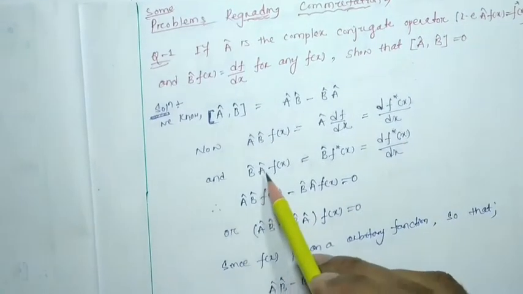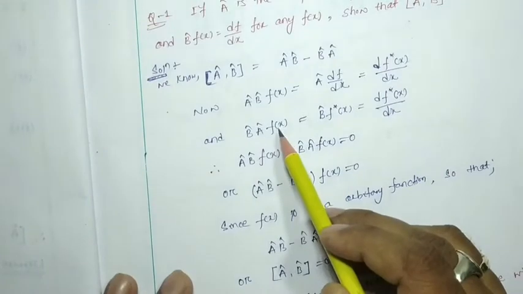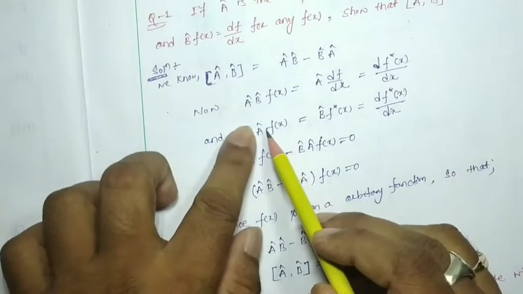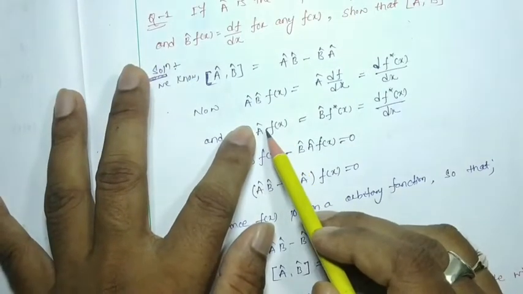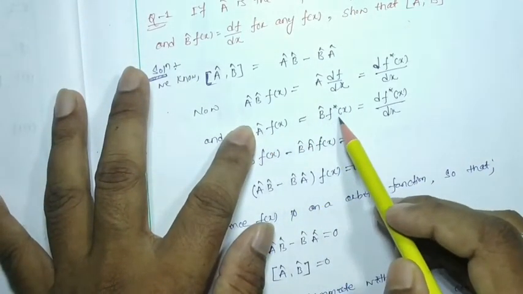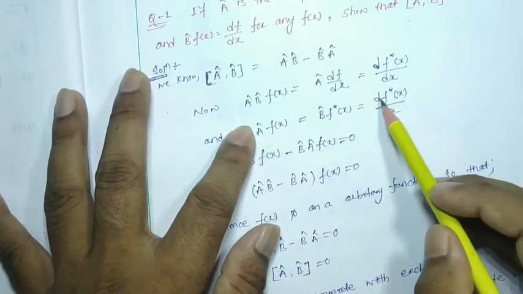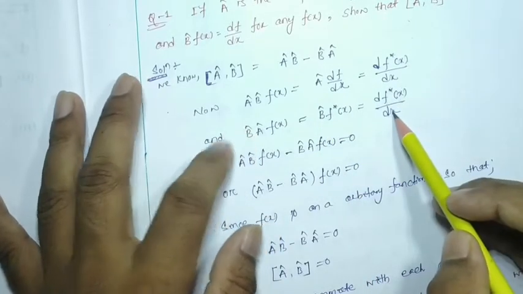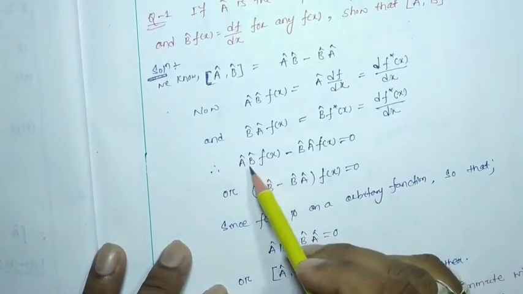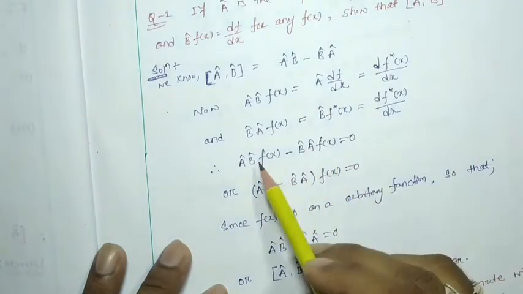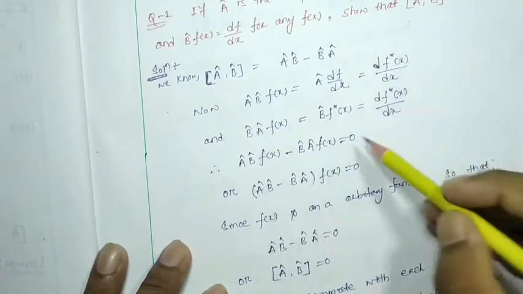Similarly, for B cap A cap f(x), first we consider A cap f(x), which transforms the function to its complex conjugate, then B cap operates, giving d f star(x) by dx. Now A cap B cap f(x) minus B cap A cap f(x), both are the same, so hence 0.